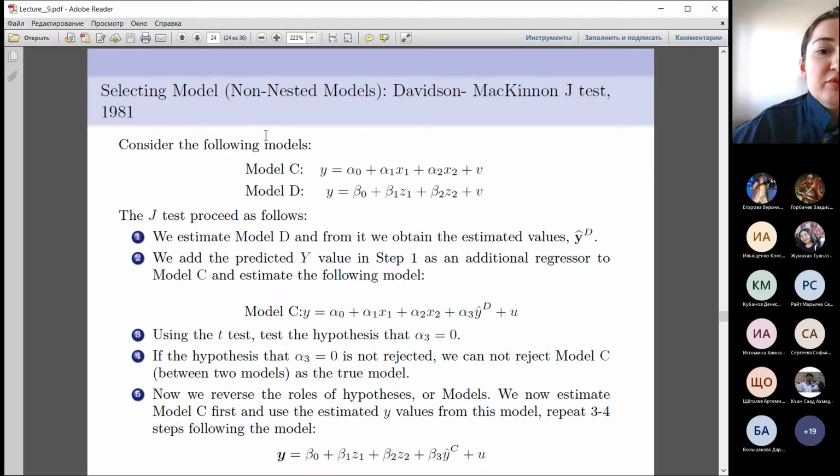Let's take a look at two models again, model C and model D. You can notice that the dependent variable is the same in both equations, but the independent variables are different. So how can we compare which model is, let's say, better, yeah? Model C or model D, when we want to interpret our results and choose the main model.